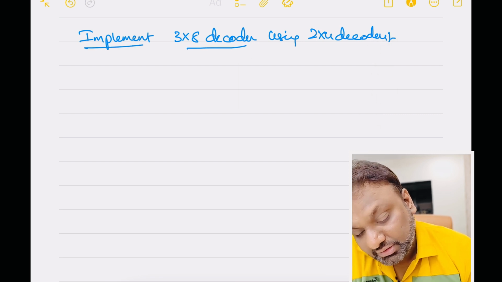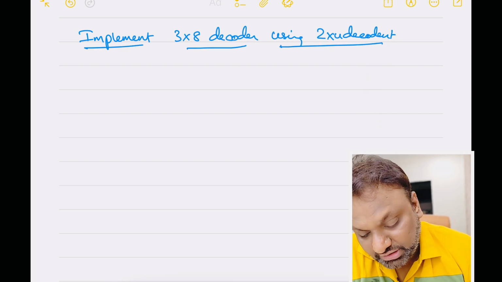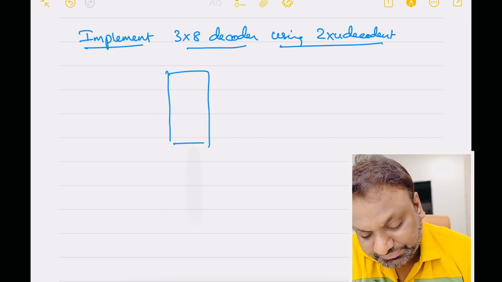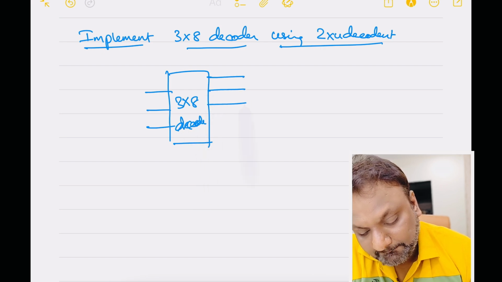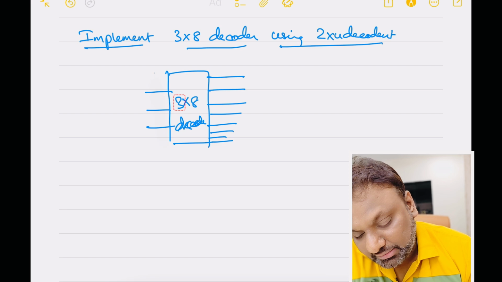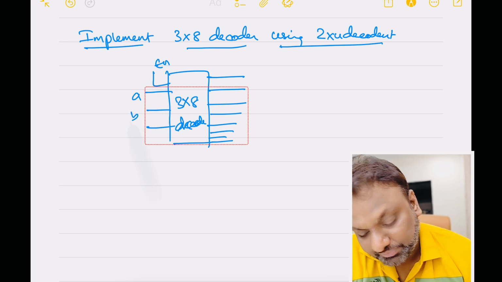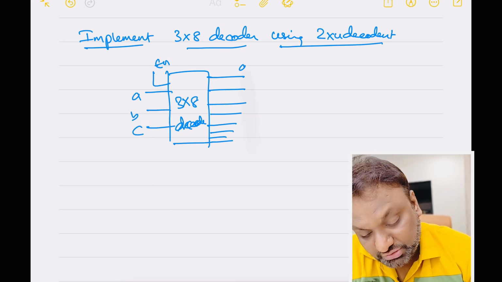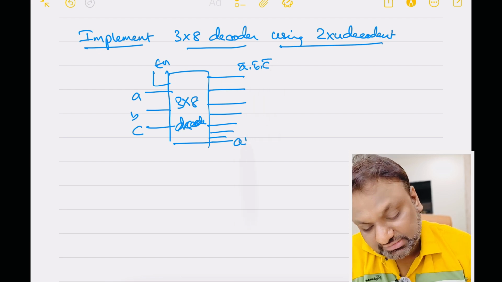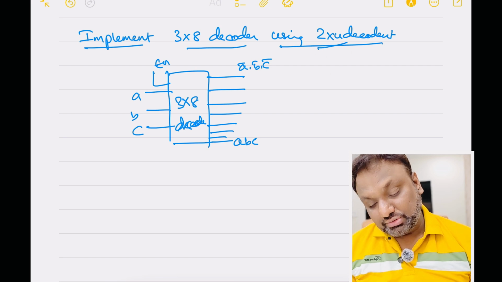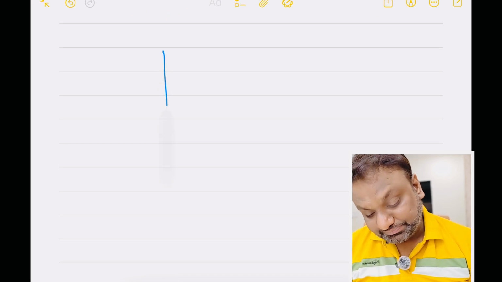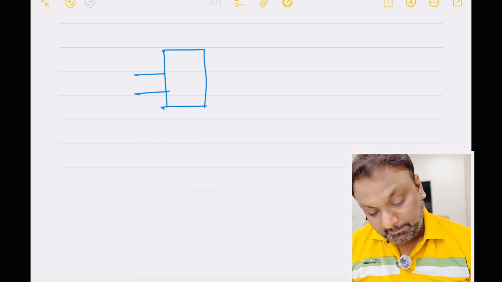Okay, so what is this? 3 to 8 decoder means I have 3 inputs and 8 outputs, and I will be having an enable. A, B, C, starting from A bar into B bar into C bar to A, B, C, you will be having the outputs. Okay, so now I need to implement this by using 2 to 4 decoders. What is a 2 to 4 decoder? Here we have only 2 inputs.